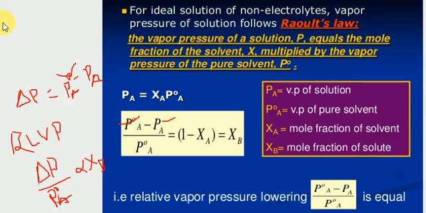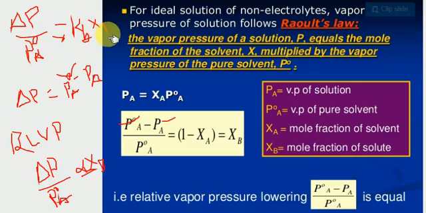I want to remove the proportional constant, so delta P by P naught A equals Kb times the mole fraction XB. Clear? Remember this Kb is called the elevation in the boiling point constant.